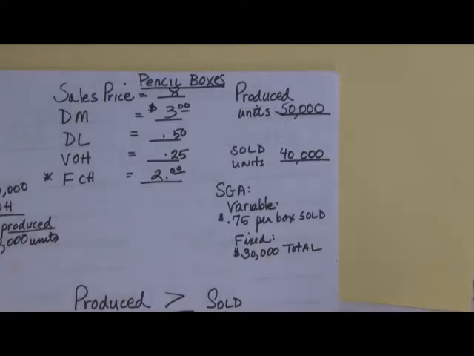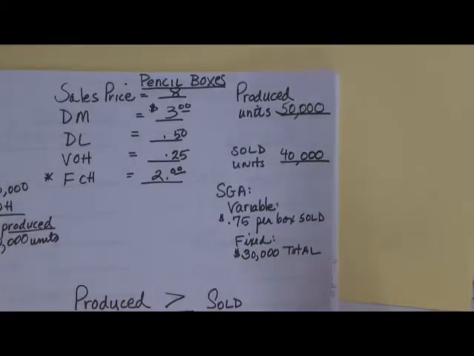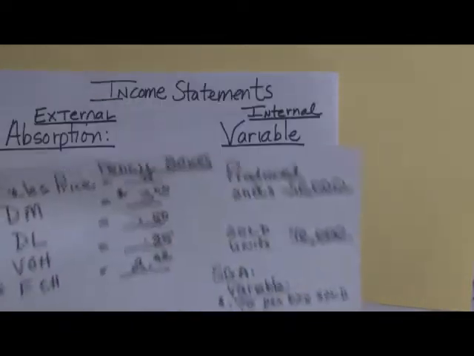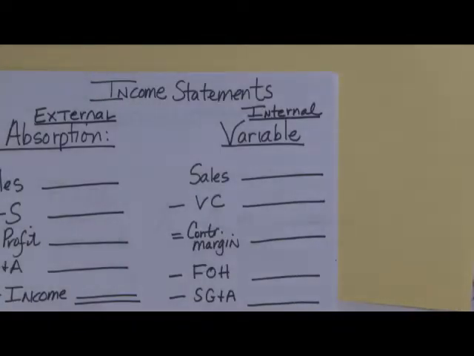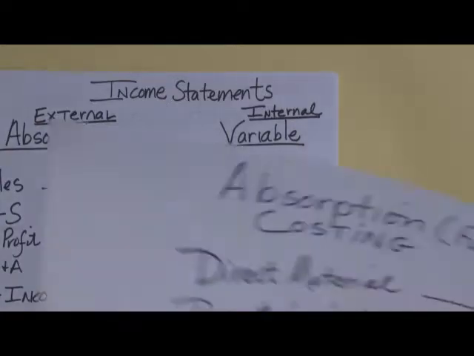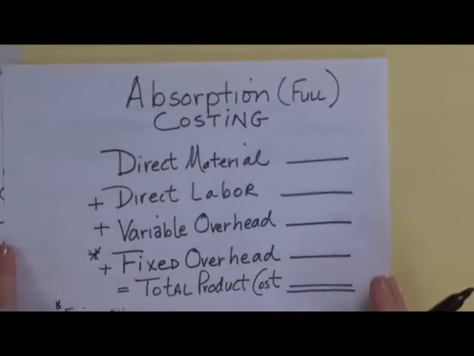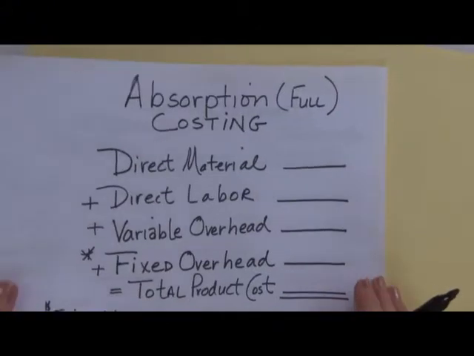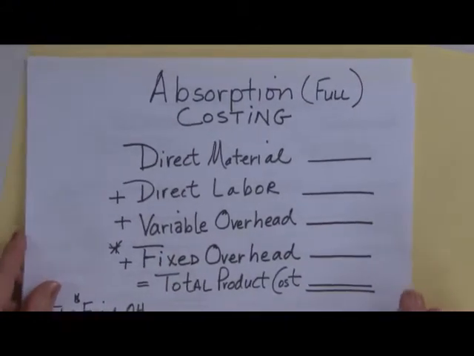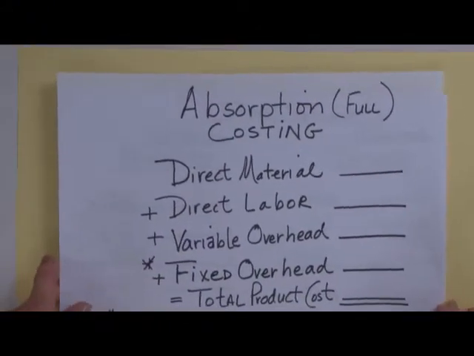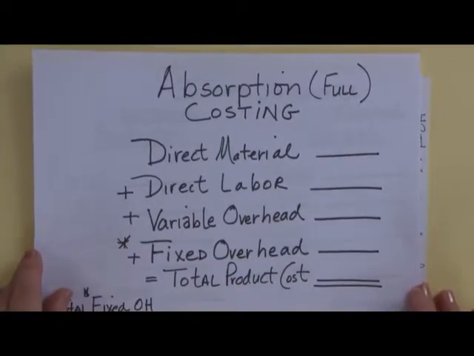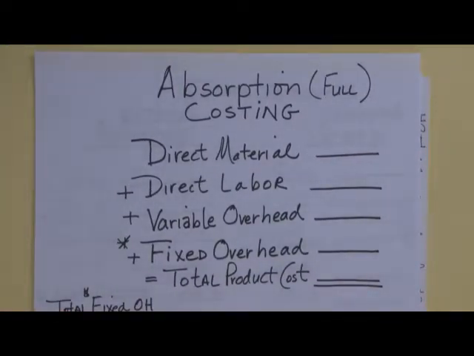Now again, all we've done is to go through the details of the problem. What I want us to do now is take a look at how we would cost the pencil boxes under each of these two methods of costing.